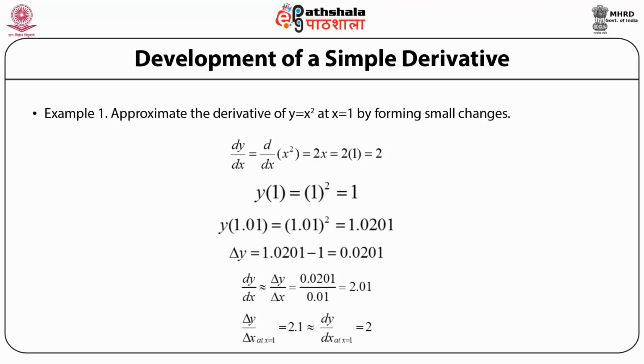We actually write all the time dy by dx is equal to del y by del x. It is not the same case. At very small intervals, the difference becomes negligible, but when you take very large intervals, the difference will be huge, and that is the reason why we have to make the del x really small.